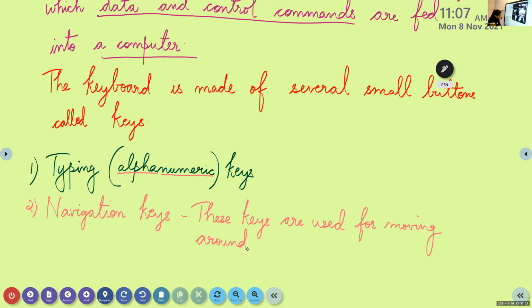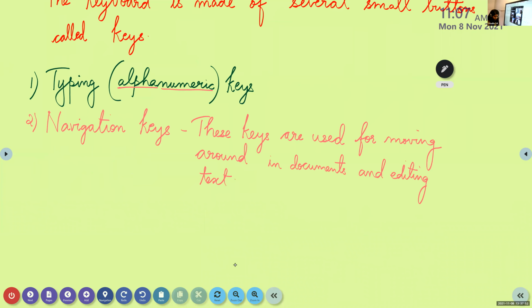These keys are used for moving around in documents and editing text. This we have to write, ma'am. Yes, dear. Editing text. T-E-X-T. Okay, ma'am, finished.